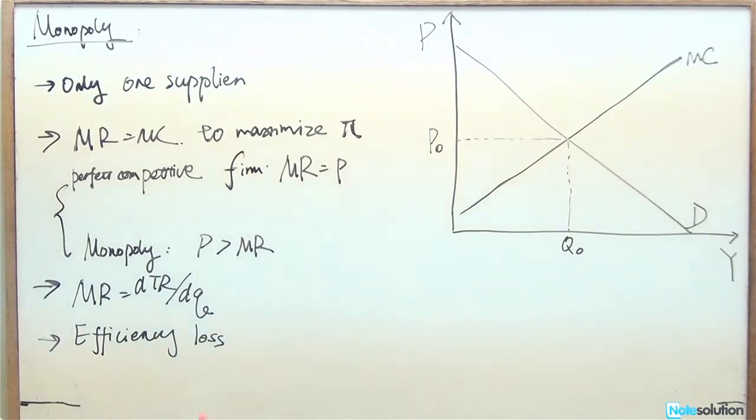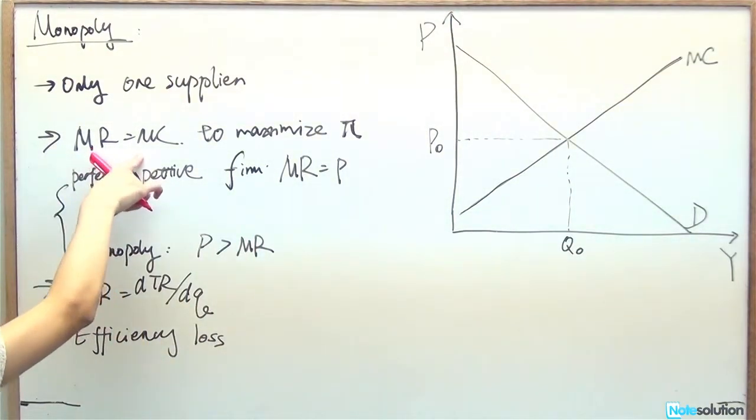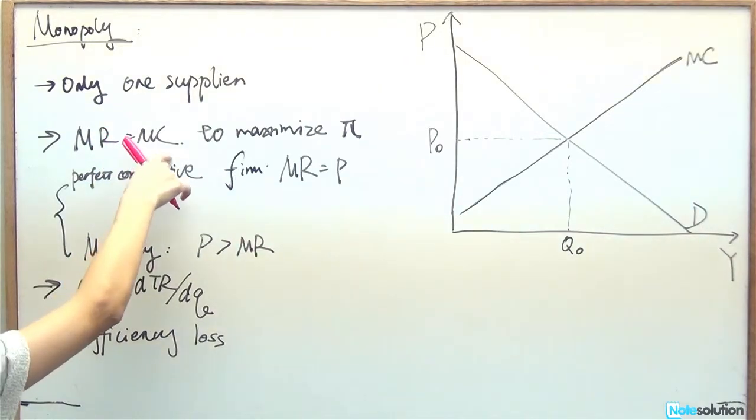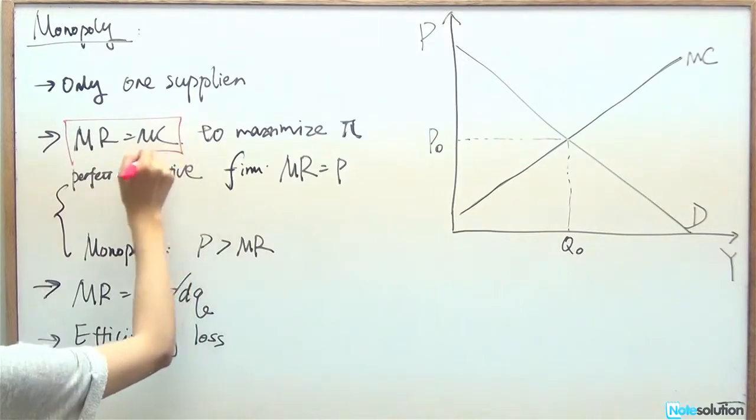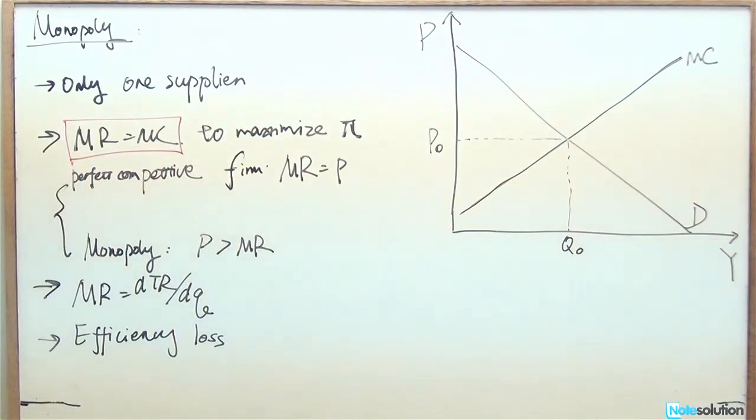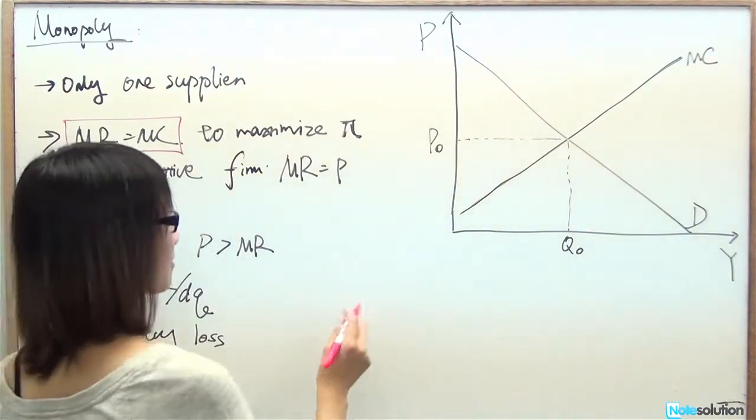To maximize the monopoly's profit, we set the marginal revenue equal to marginal cost to get the equilibrium price. So why do we use marginal revenue equal to marginal cost? Now let's derive the expression here.